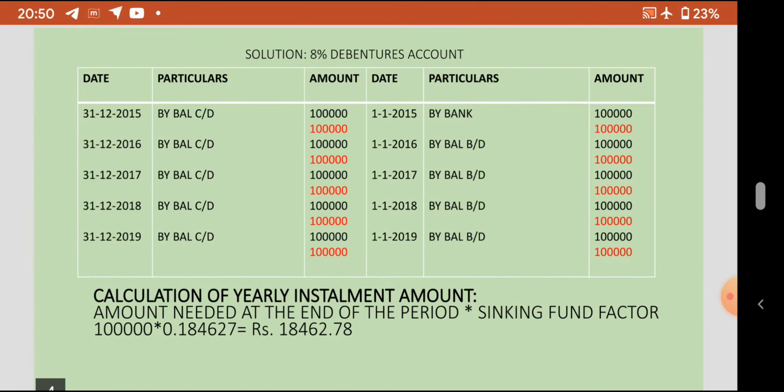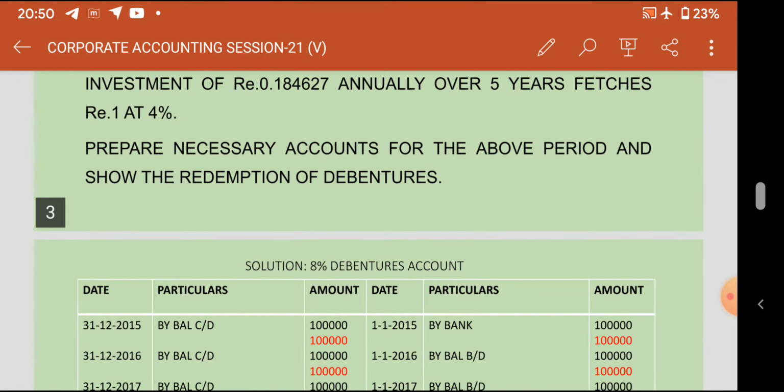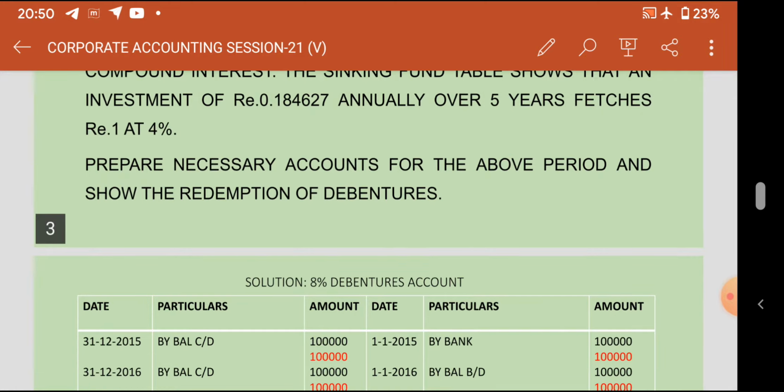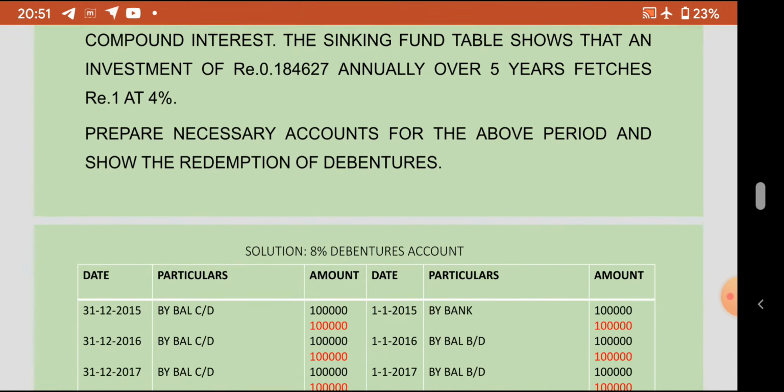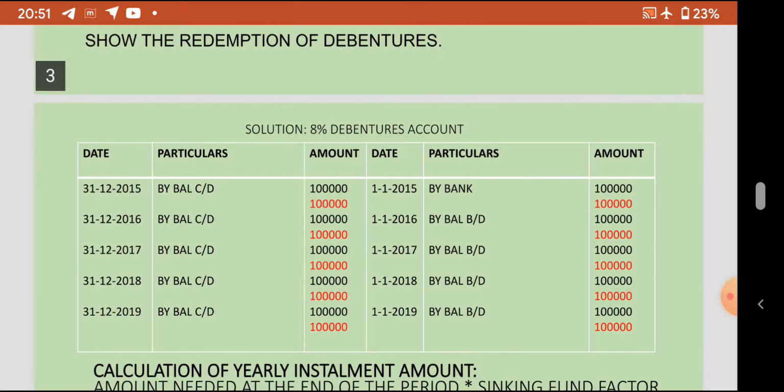So here we are going to need to make an investment of only rupees 0.184627 every year, assuming that we are going to get 4% compound interest.